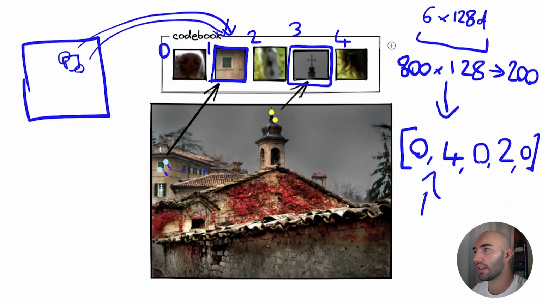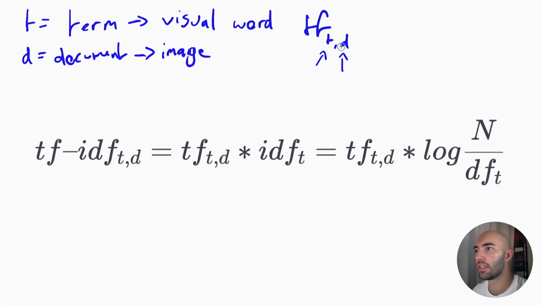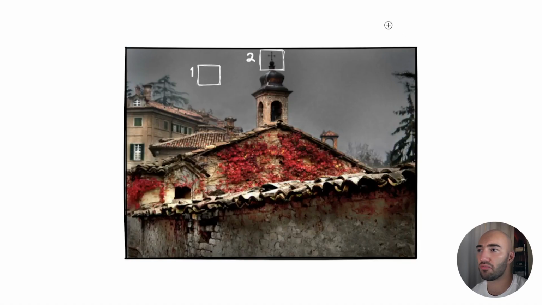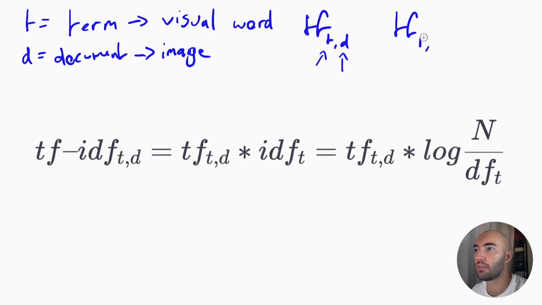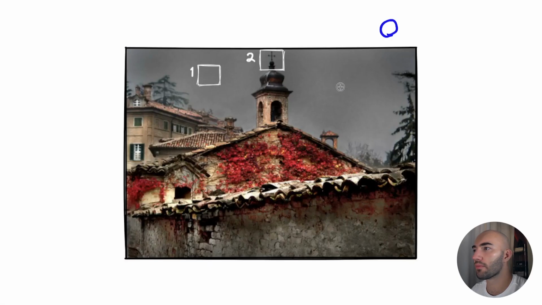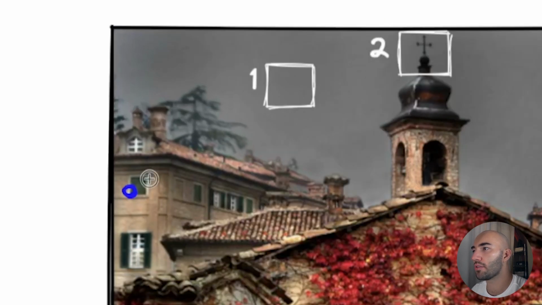Let's say over here we have visual word 1. So TF of visual word 1 in, we'll call this, image 0, would be equal to 2.